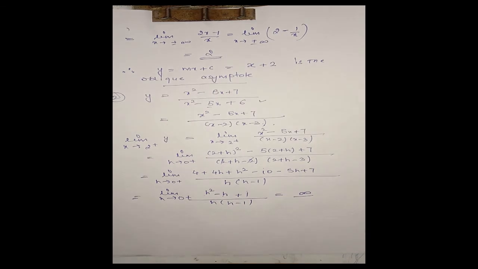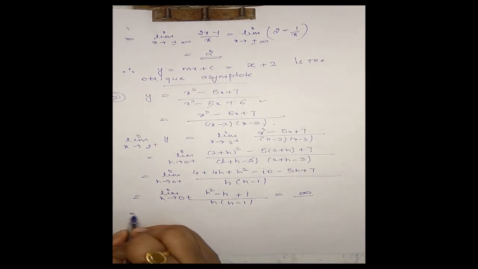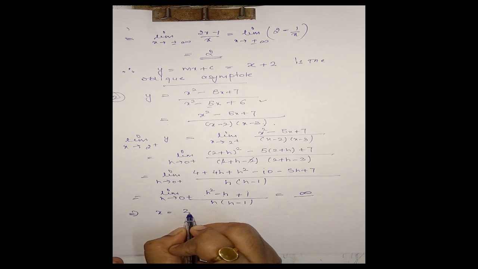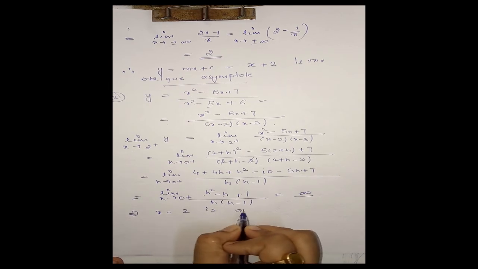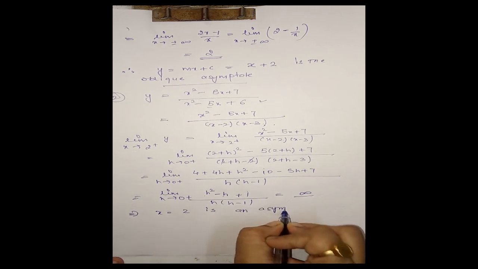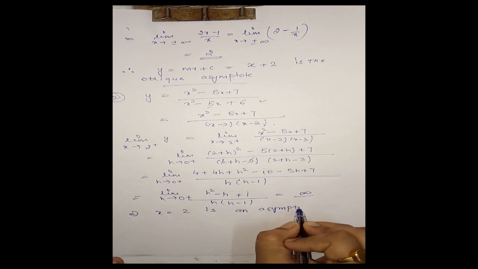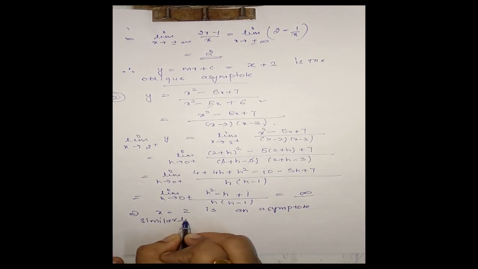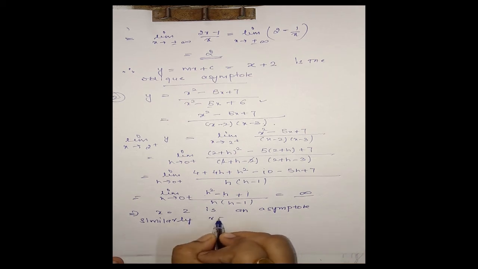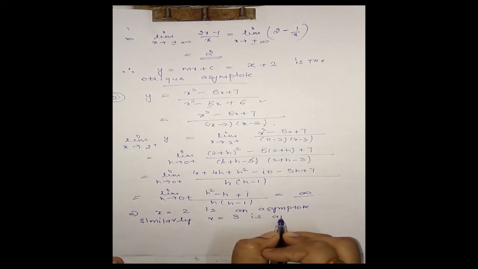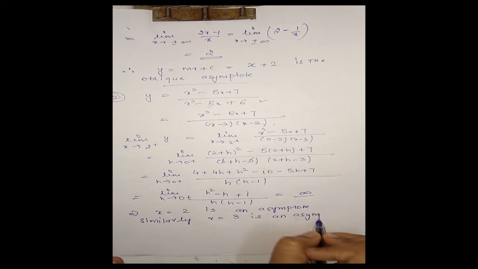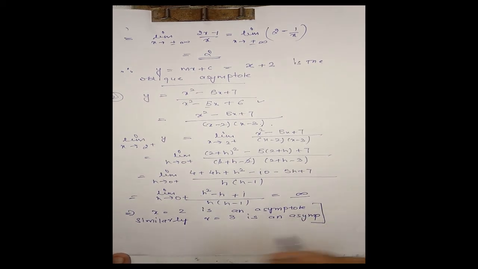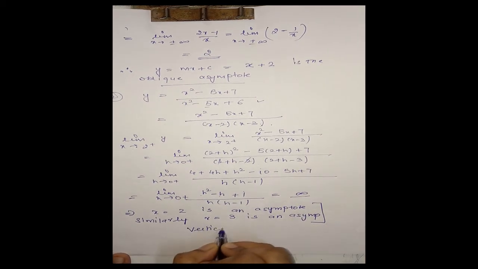Okay, this implies x is equal to 2 is an asymptote. Similarly, on taking limit as x tending to 3 plus, I get x is equal to 3 is an asymptote. Okay, these two are vertical asymptotes.